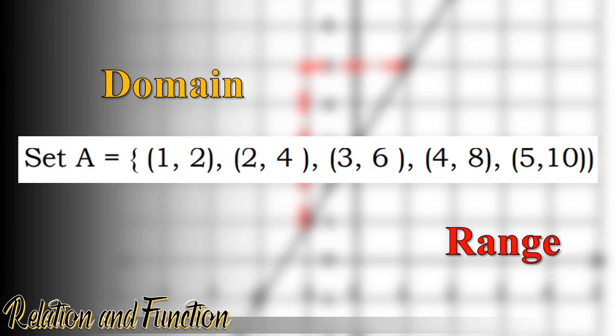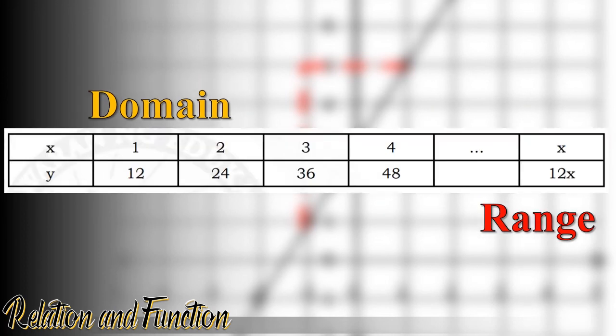So, same with the set of ordered pairs, we have the domain, values of x. We have 1, 2, 3, 4, and 5. And the values of the range are 2, 4, 6, 8, and 10. So as you can see, we have the ordered pair 1, 2 or x, y. We have the domain of 1 and a range of 2.